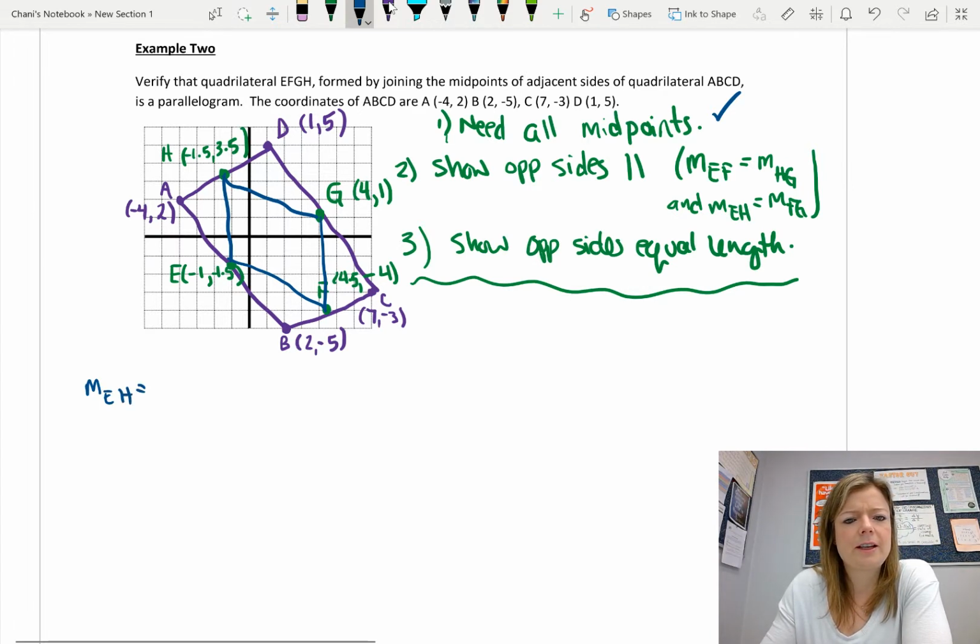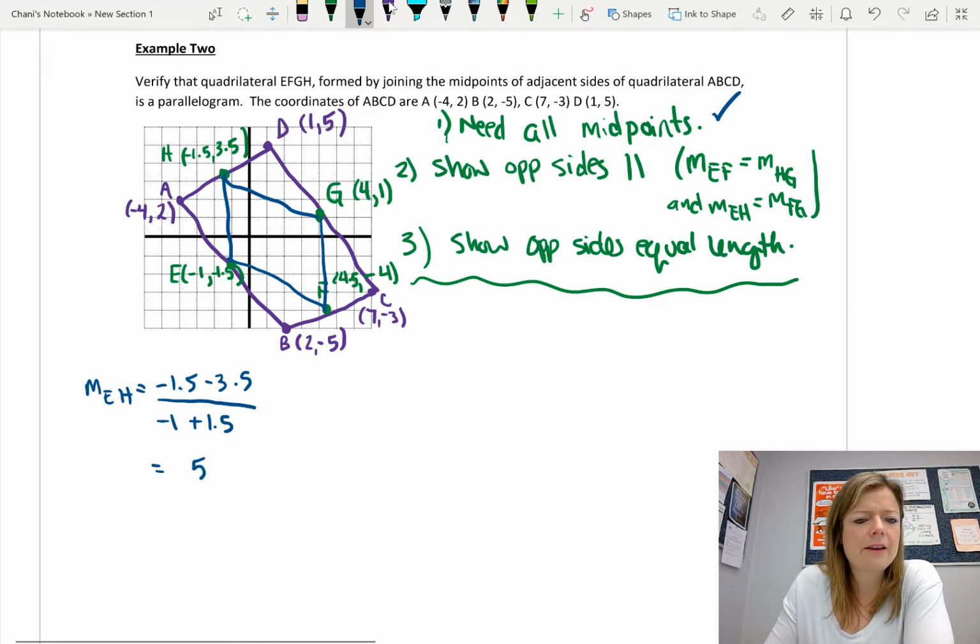So that's here, E to H. We take our y values, negative 1.5 minus 3.5, and we divide by negative 1 minus negative 1.5, so plus 1.5. And you get negative 5 divided by 0.5, which is negative 10.